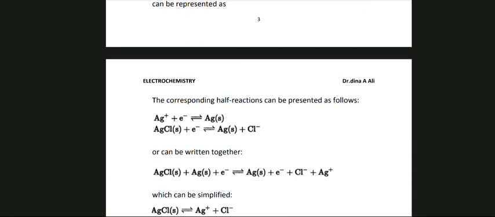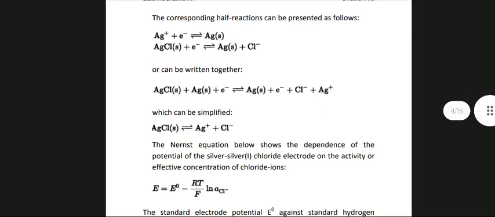The corresponding half reactions can be presented as Ag+ + e- gives Ag. AgCl (solid) + e- gives Ag (solid) + Cl-. Together, these can be simplified as AgCl (solid) gives Ag+ + Cl-.